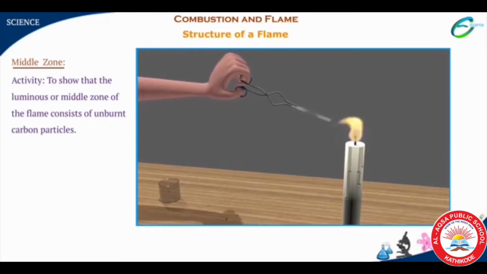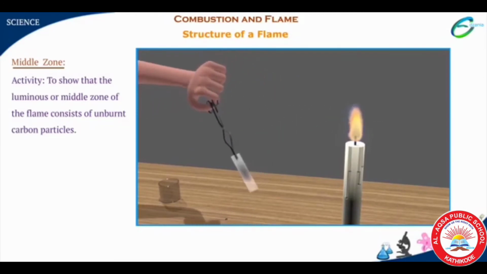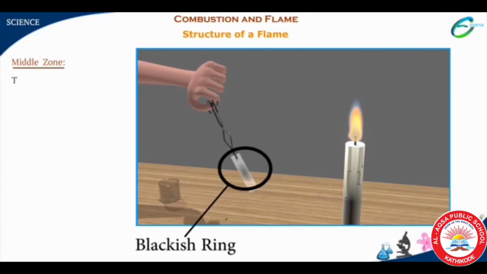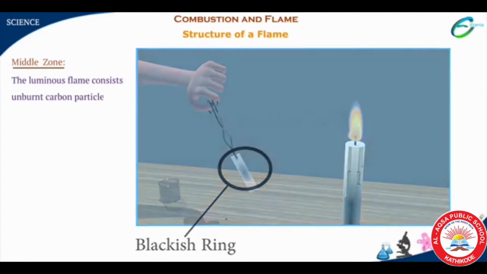Hold it there with a pair of tongs for about 10 seconds. After removing it, now we can see a blackish color on the slide. That means this middle zone also consists of unburned carbon particles.